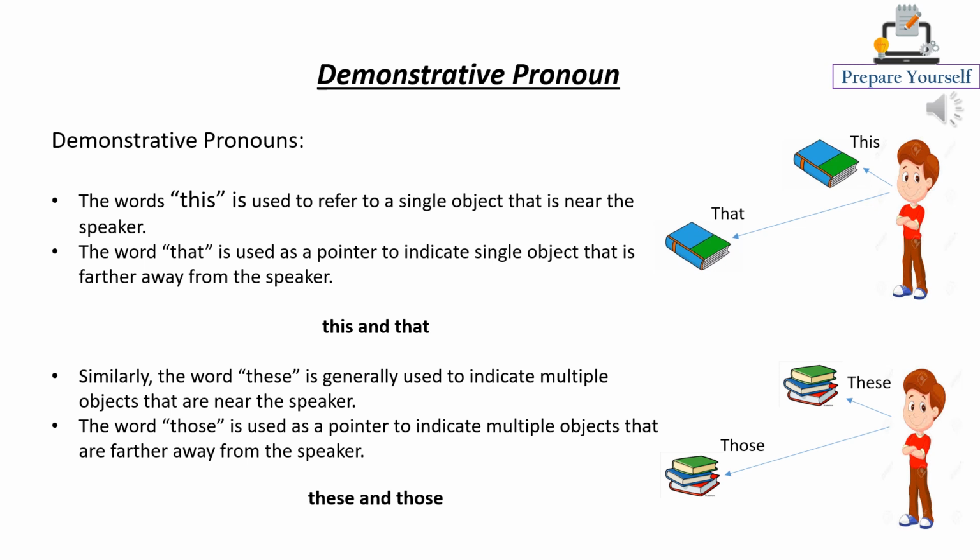These indicates books or object near to the boy. Those indicates books or object far from the boy. These are demonstrative pronouns. This and that are singular. These and those are plural.